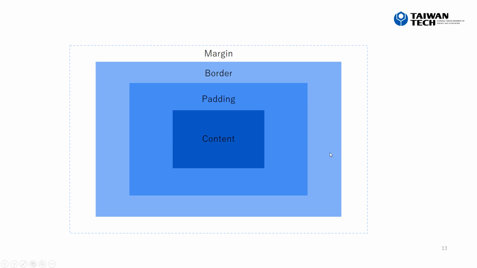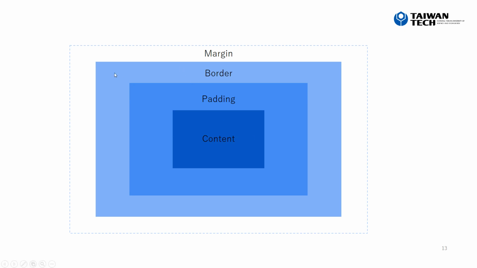Border is also 20. So your content width is 50 pixels, plus 20 pixels padding and 20 pixels border. Totally there are 90 pixels that are yours.